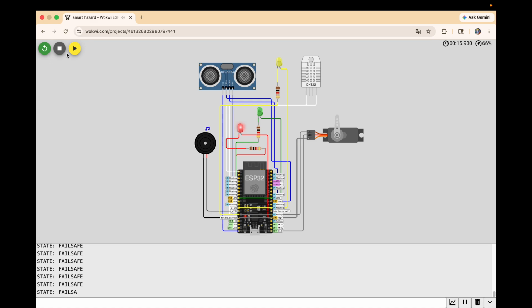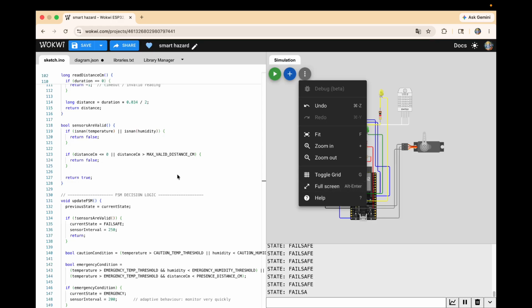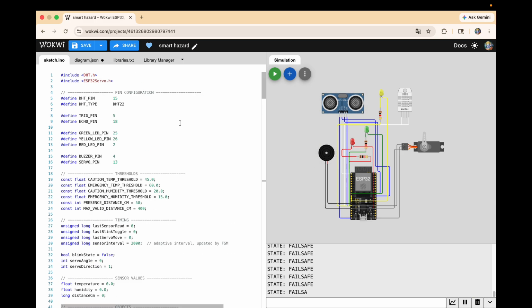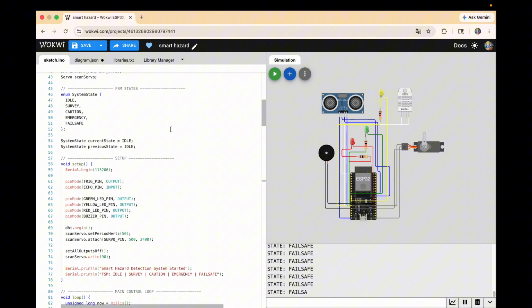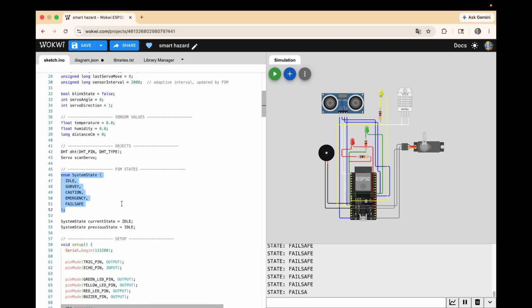And now we're going to have a quick look at the code that we have written. As you can see, this is our main file. We're going to go through all the major functions and lines. This is the section which defines the 5 finite state machine states which are used in this project.